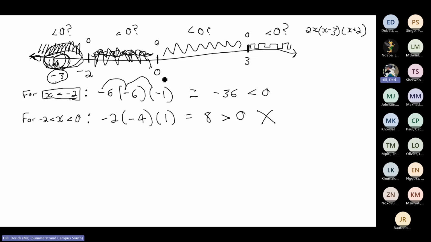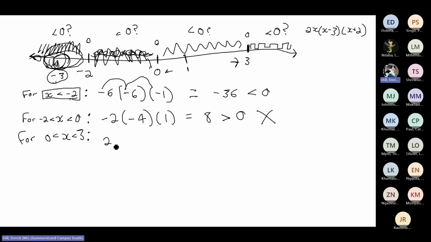Our next interval is between 0 and 3. So we are going to look for 0 less than x less than 3. And I'm going to plug in a 1. So 1 is going to be somewhere over here. So that is within the interval I'm looking at right now.